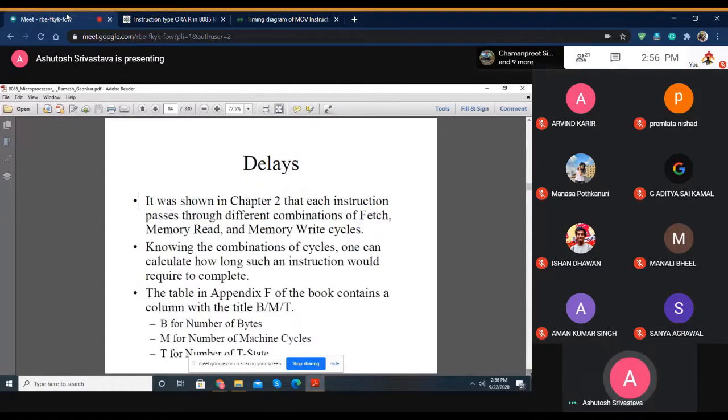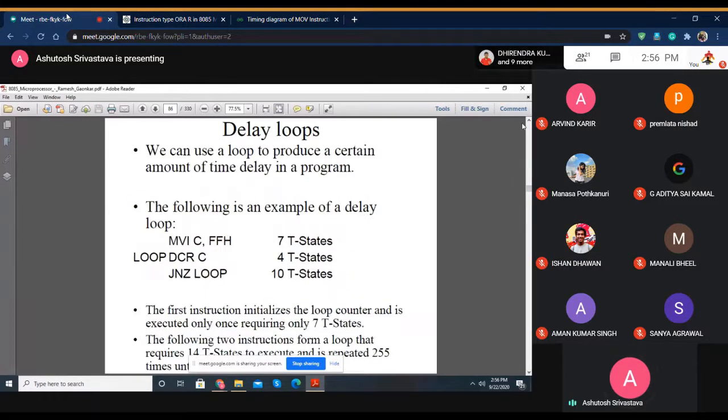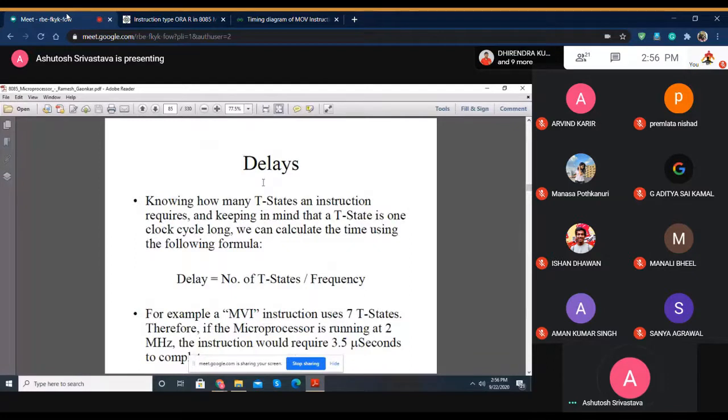Each instruction is essentially made up of many T states, and this T state is related to your clock cycle.